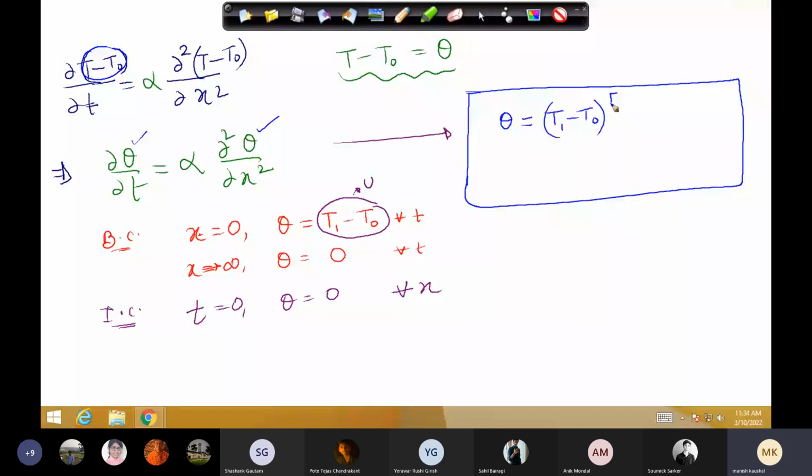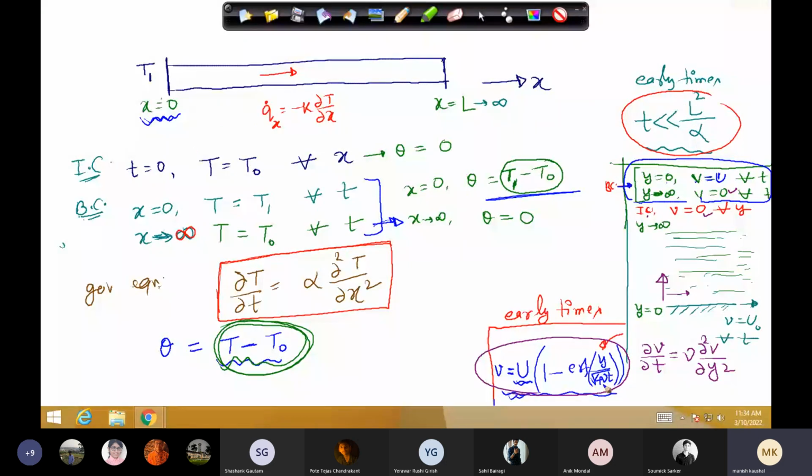Then what is this? 1 minus ERF of x divided by square root of. Now this I'll expect from Samvik. Sorry, tell me here what we should write. You can see here and tell me. This is 4 nu t, square root 4 nu t. What it should be here, Samvik? It's an easy question.